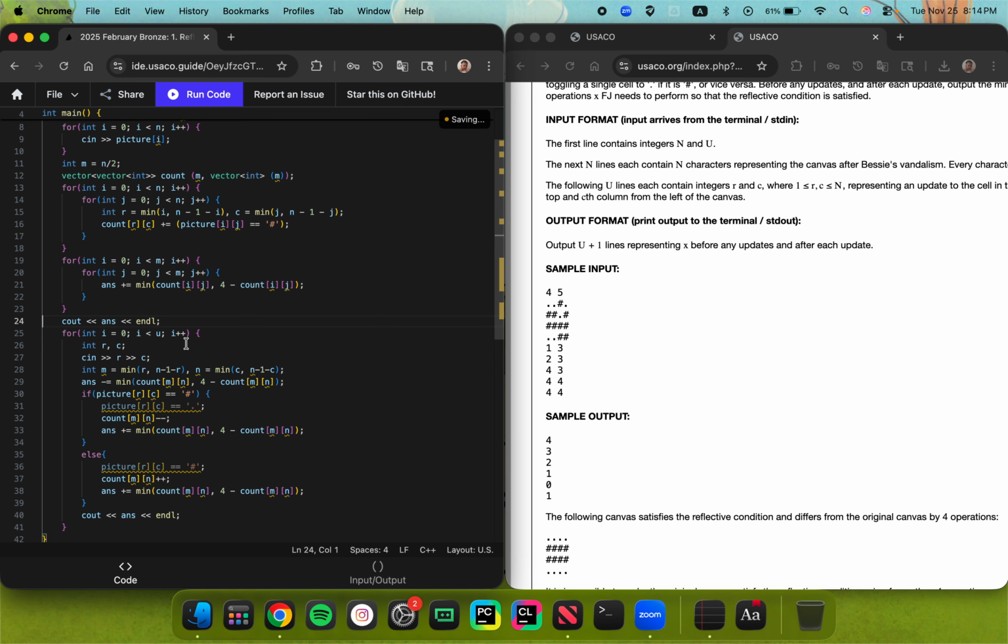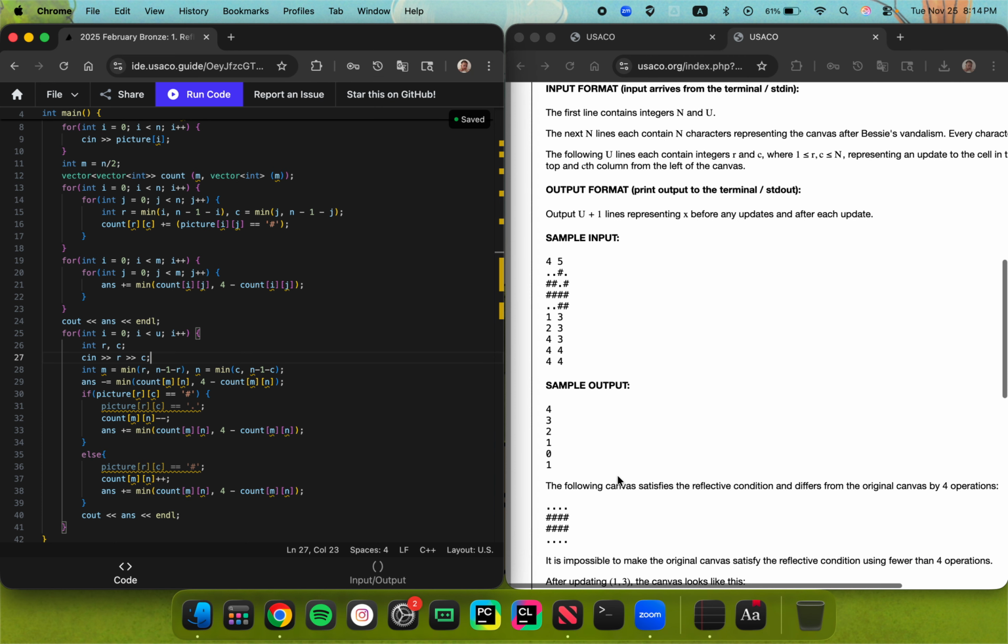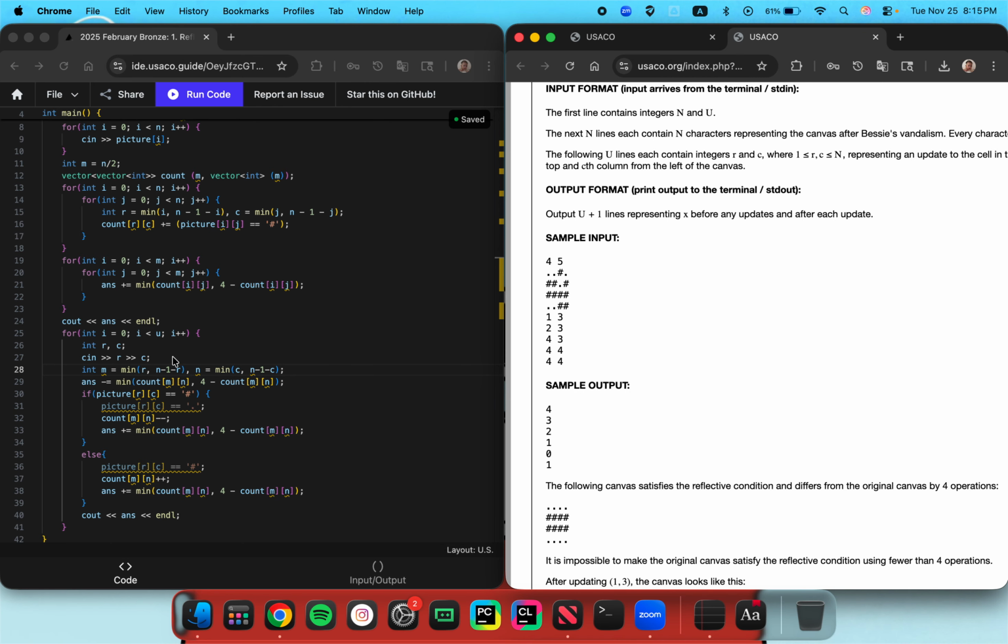Because everything before this is okay. So when we input this, the input is correct. That's something I know for sure. We did input the u, as you can see. And then m is minimum of n, r, the new input, n minus 1 minus r, n minus 1 minus c.